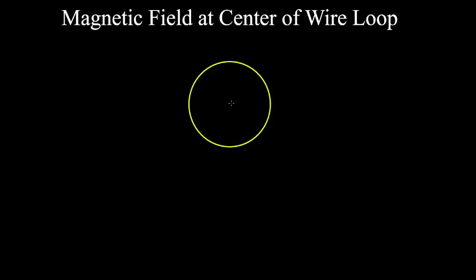Let's find the magnitude and direction of the magnetic field at the center of this loop of wire. And suppose the current is going anti-clockwise.